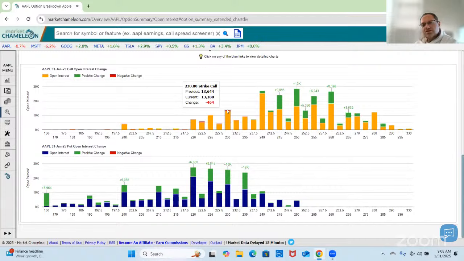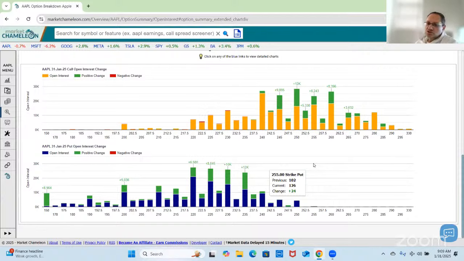This allows us to quickly see what's going on in Apple. In the calls, at least up top here, we see the largest open interests are between the 240 strike and, let's say, the 260 strike. And it looks like yesterday they all either stayed the same or increased around those strikes.